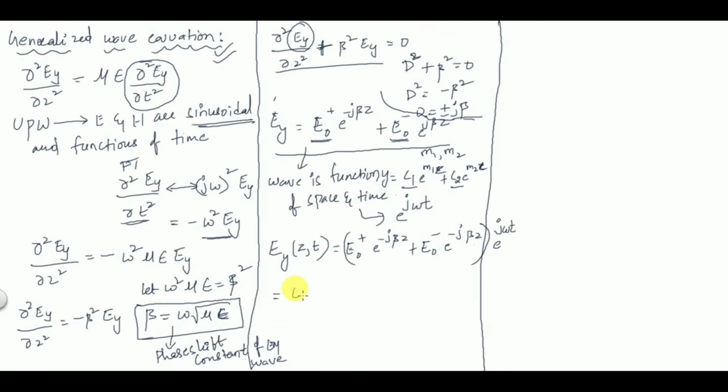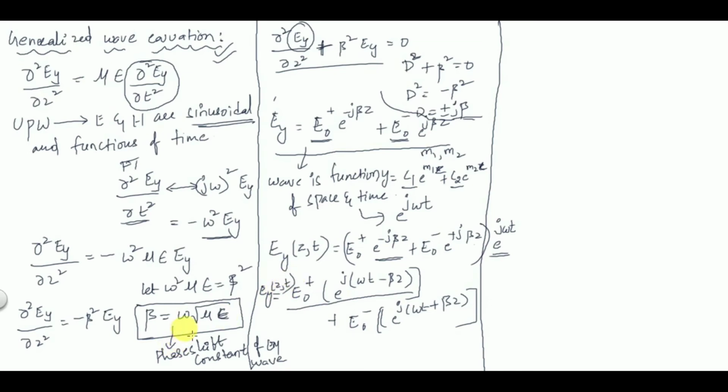This can be written as E naught plus into e power j omega t minus beta z, plus E naught minus into e power j, omega t plus beta z. This is the generalized wave equation, Ey of z comma t.